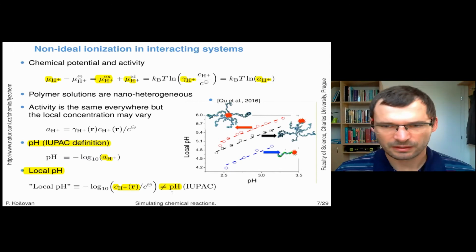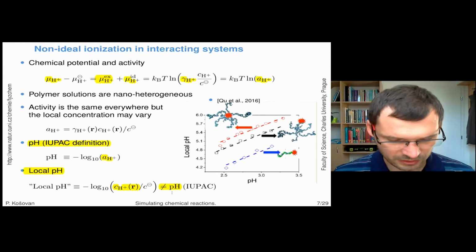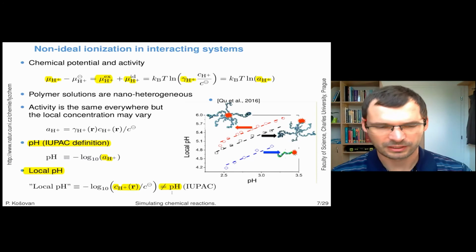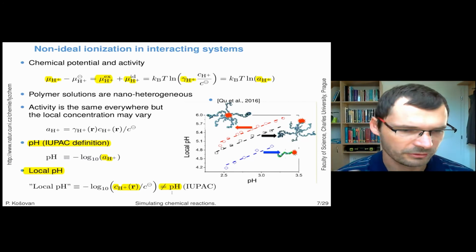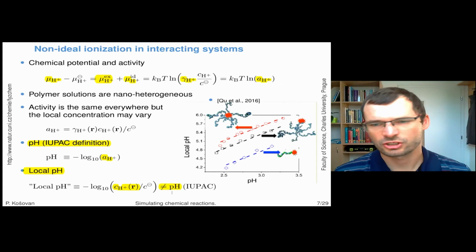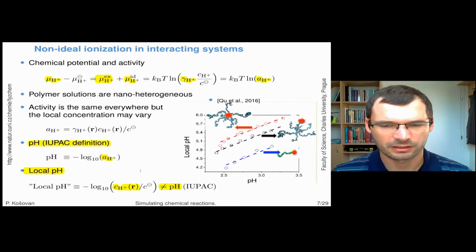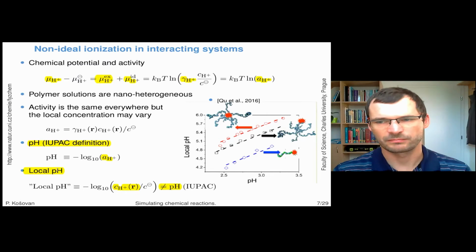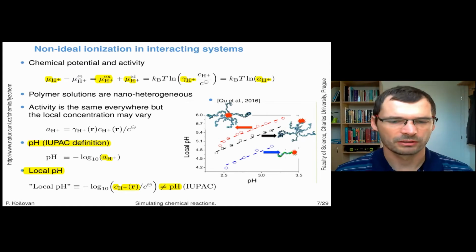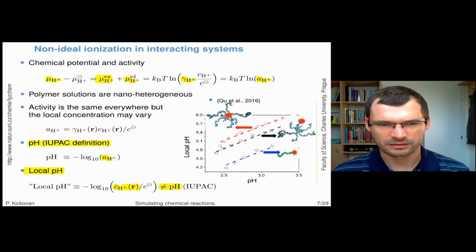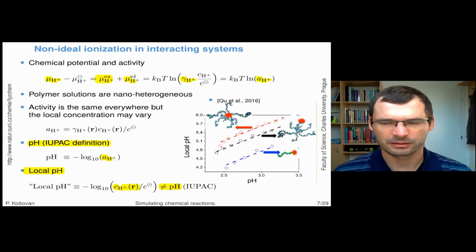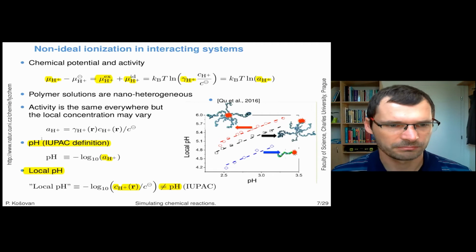And I mention this just because it's important whenever you hear people talking about local pH to think twice of what they actually mean, because there are situations, and we will see them at the end of the lecture, where local pH is indeed the local chemical potential in different phases, consistent with the IUPAC definition.